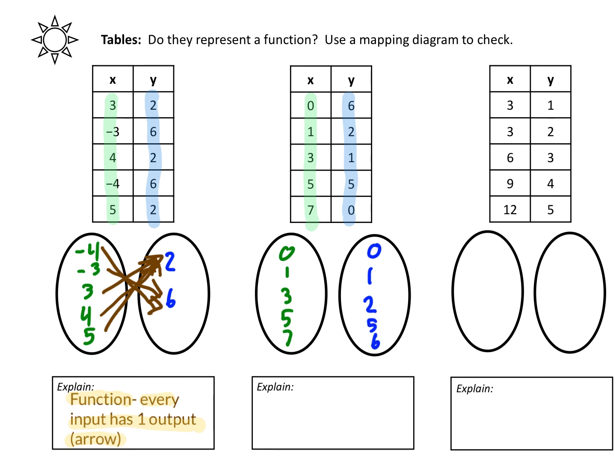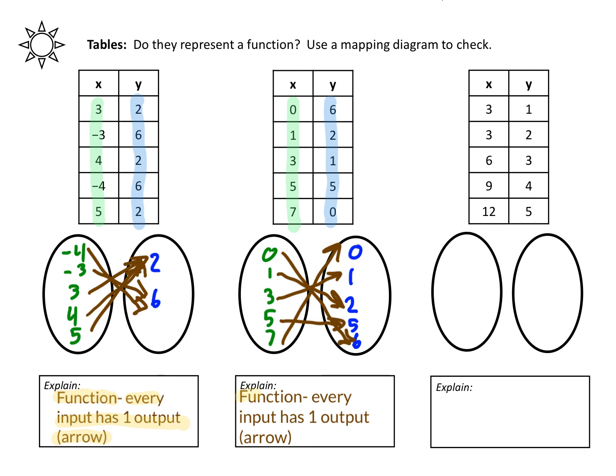Now let's draw our arrows mapping our inputs to the corresponding outputs. So 0 goes to 6, and then 1 goes to 2, 3 goes to 1, 5 goes to 5, and 7 goes to 0. Once again, every input has exactly one output arrow, so this table represents a function.